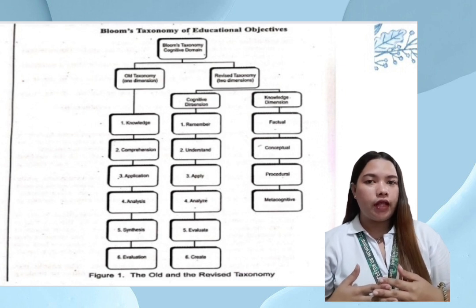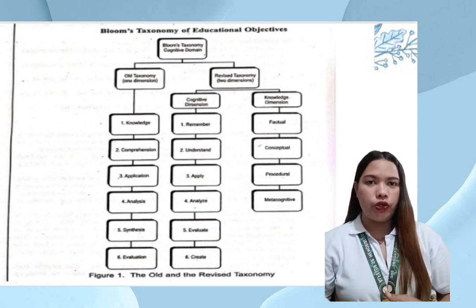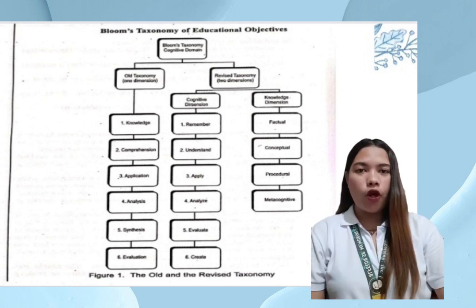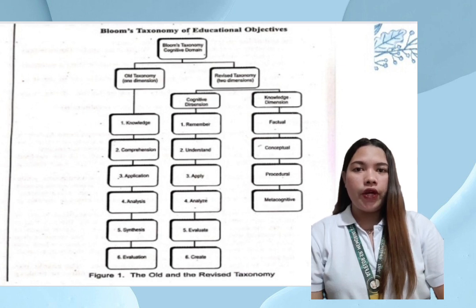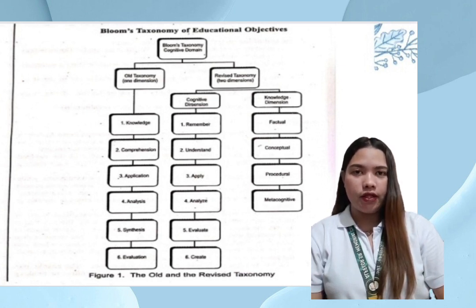It includes the recall of specific details, terms, or procedures. The next one is comprehension. At this level, learners demonstrate understanding by interpreting or summarizing information. It involves grasping the meaning in information, explaining ideas in one's own words, or categorizing information into different parts.